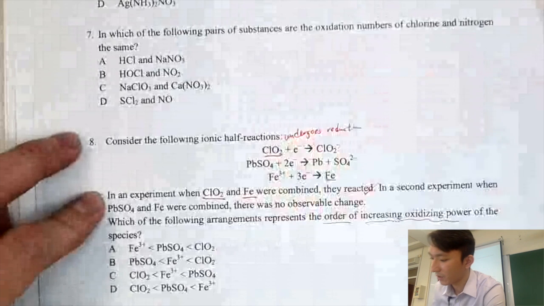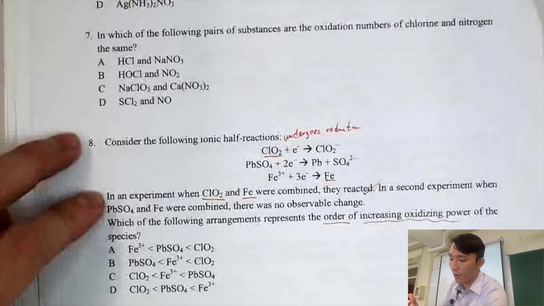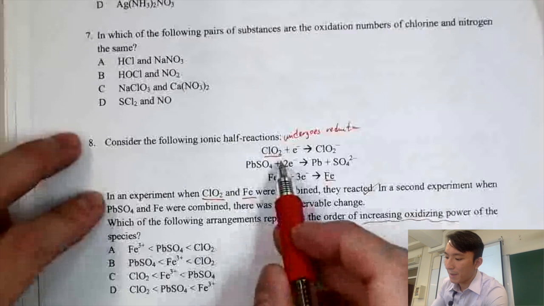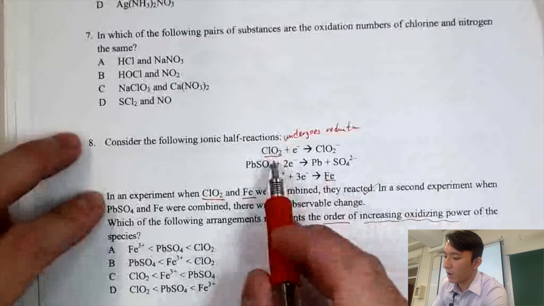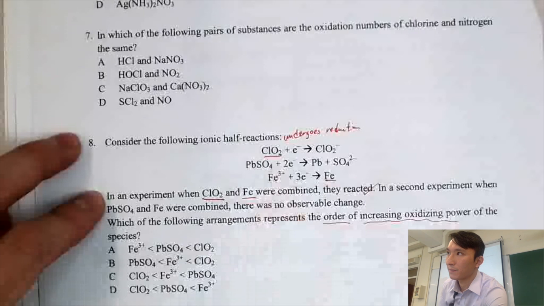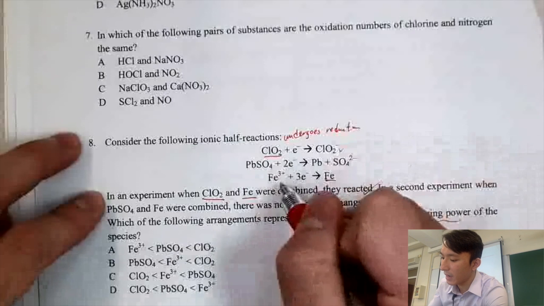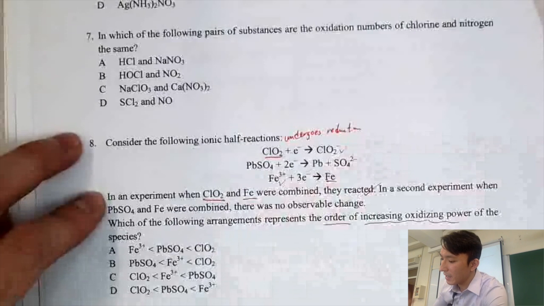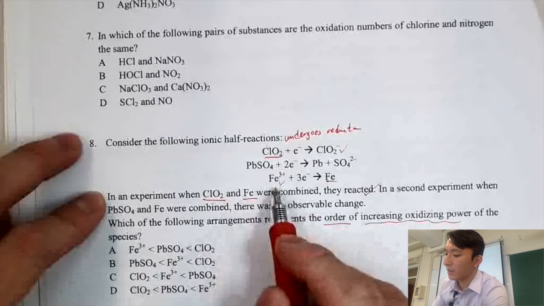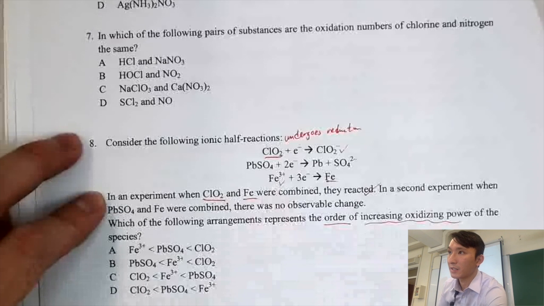okay, undergoes reduction. Based on what we have discussed before, we also know that ClO2 likes to undergo reduction more than Fe3+, because after the reaction, it forms ClO2- and Fe3+. If Fe3+ liked to undergo reduction more, then the reverse reaction should proceed, right? But that is not the case.